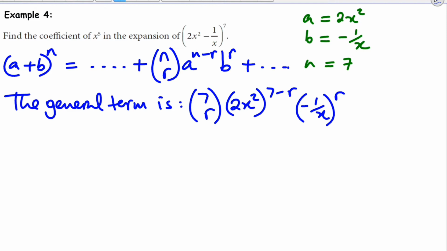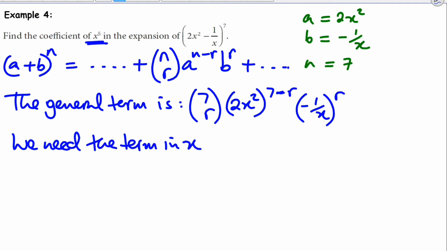So what we need to do is find what r is. To find what r is, we know from the question that we need the term in x to power 5, which means that the combined powers of x are 5.